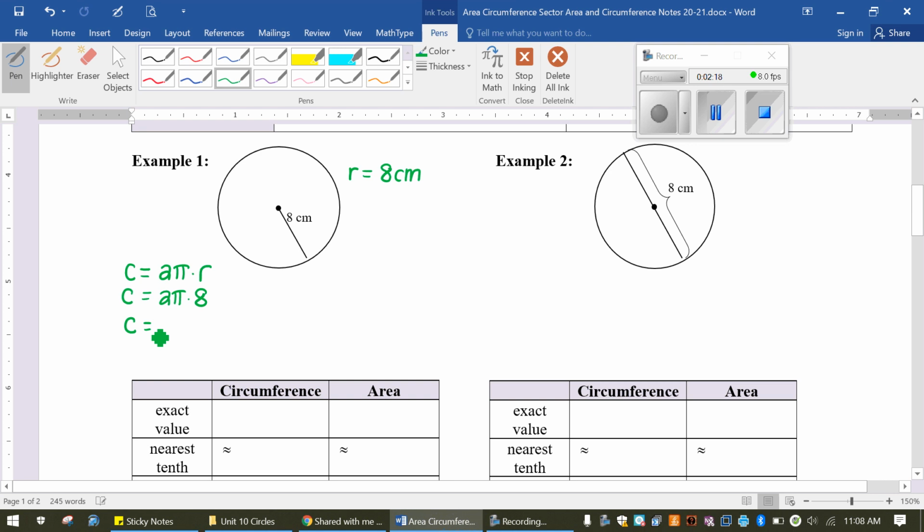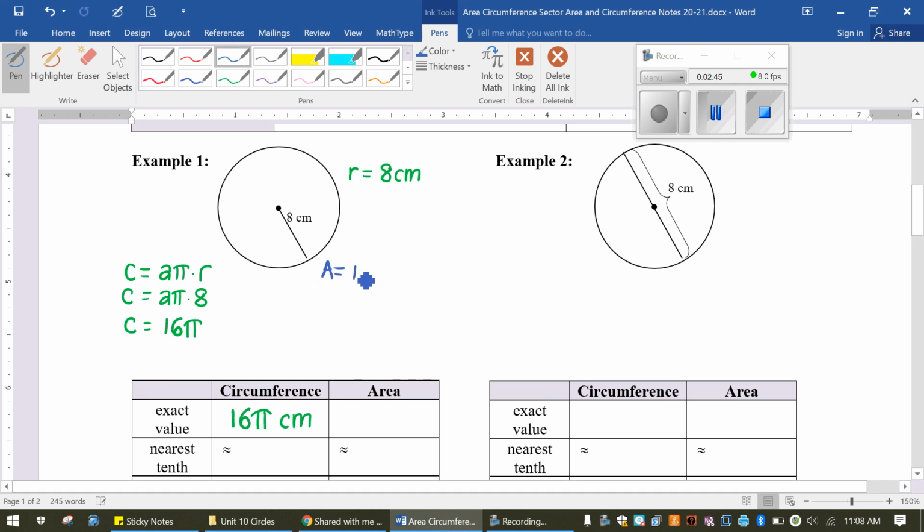Okay, so what I'm going to have you do is only type in the 2 times 8 in your calculator, which is a 16, and then leave the pi next to that as your answer. So the exact value of your circumference is 16 pi, and then we use our units, which is centimeters.